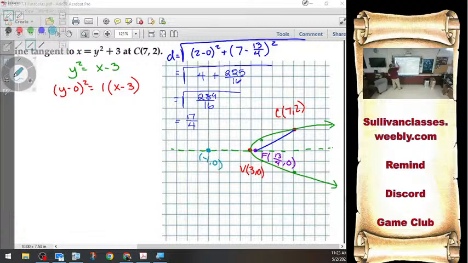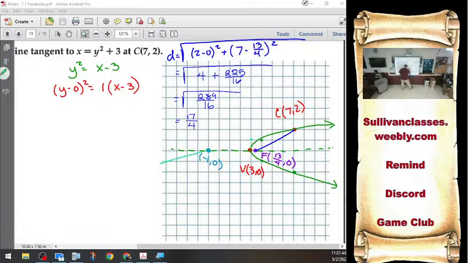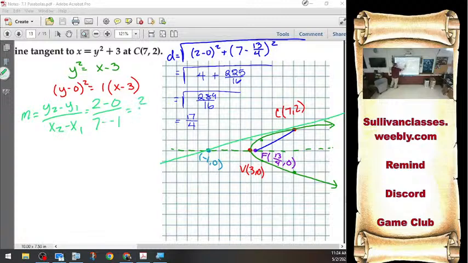Why would I care that that point is nice? Because we're going all the way back to pre-algebra. Do you remember how to find the equation of a line between 2 points? Slope is y2 minus y1 over x2 minus x1, is 2 minus 0 over 7 minus -1, 2 over 8. y minus y1.